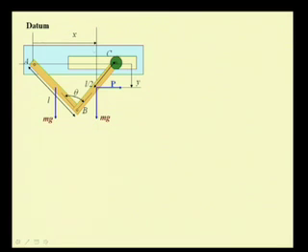is x, which is nothing but the center of mass of this link BC with respect to this datum passing through the pin connection at A. So, let us now write this distance x with respect to this angle theta.